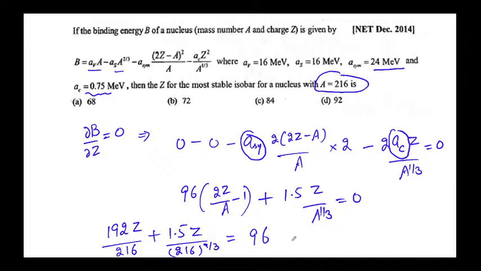So this comes out to be, after cancelling, 8 over 9 Z plus 1.5 Z over 6, that is equal to 96, and when I solve this, that is (8 over 9 plus 1 over 4) Z, that is equal to 96.